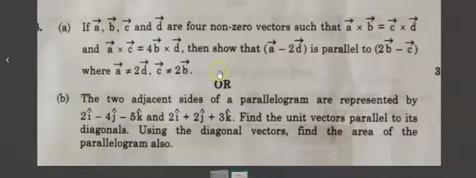In order to prove that a − 2d is parallel to 2b − c, it is enough to show that the cross product of a − 2d and 2b − c is equal to 0.